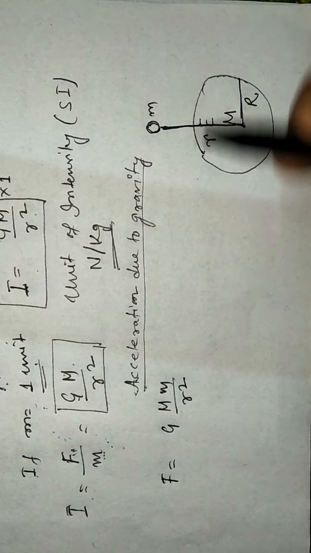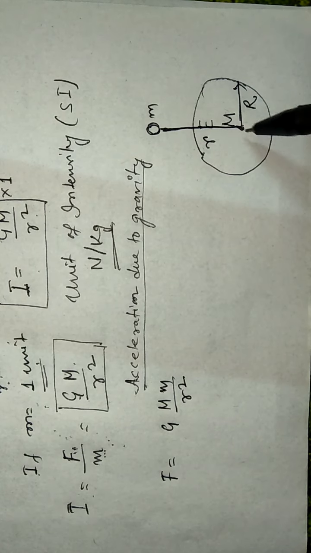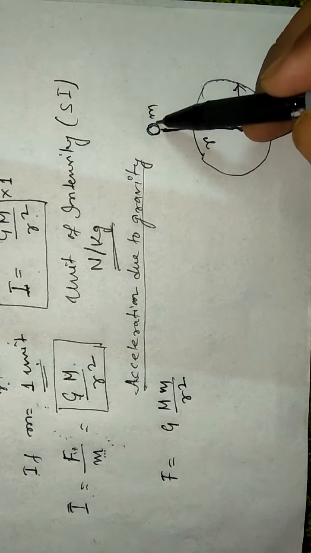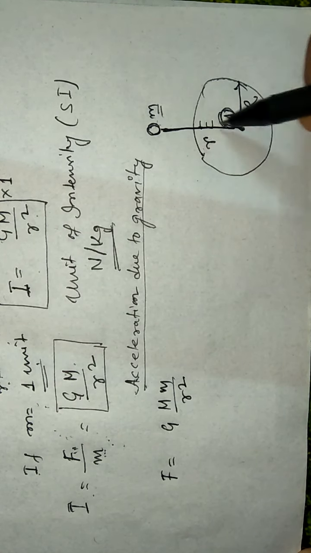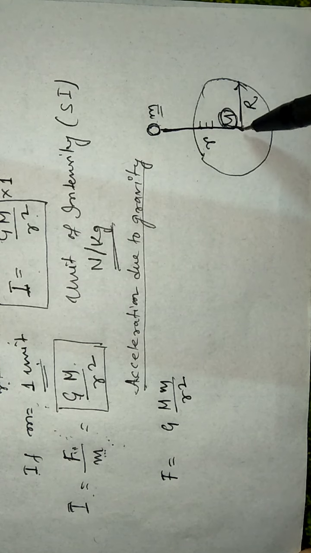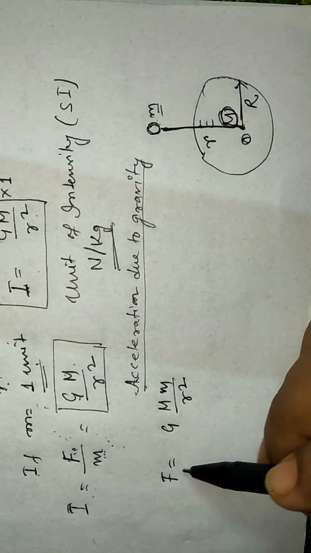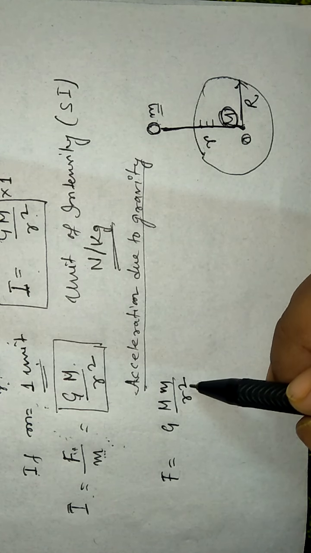Now let me explain again. Suppose the radius of the earth is capital R, the earth has a mass capital M, and another small body having mass small m is at a distance small r from the center of the earth. Then the force experienced by it is given by F equals G capital M small m divided by r squared.